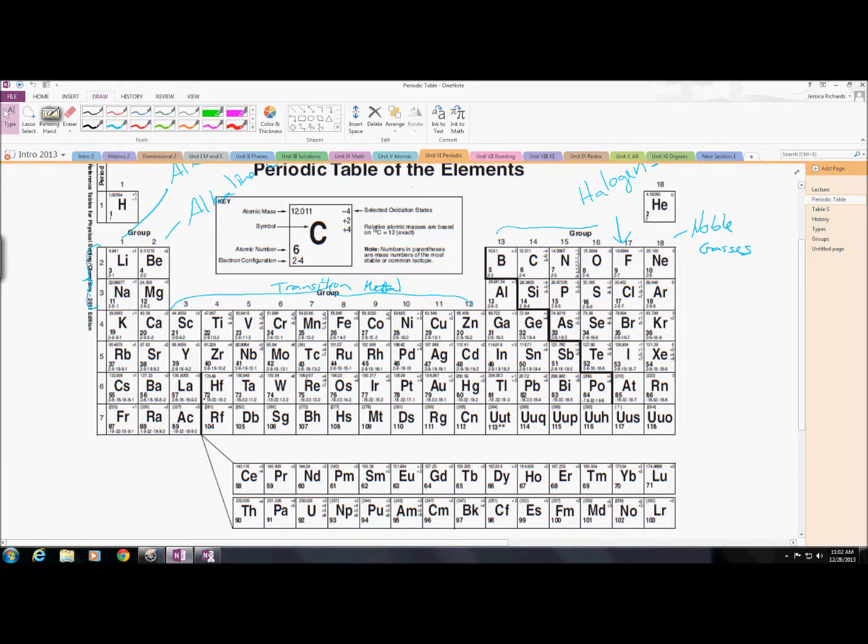Most of them have more than one, and that's because they're not just going to lose their valence electrons, but they're also going to lose some of those d sublevel inner electrons. All of the elements from groups 3 through 12, their d sublevel electrons are being filled in. Those can be gained or lost as well to make ions, and so we get more than one positive oxidation state.